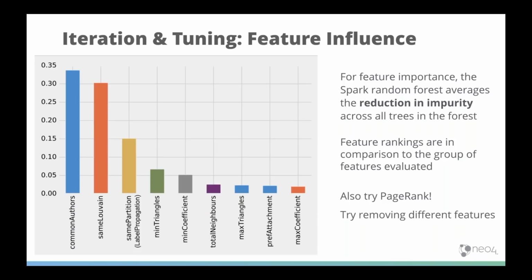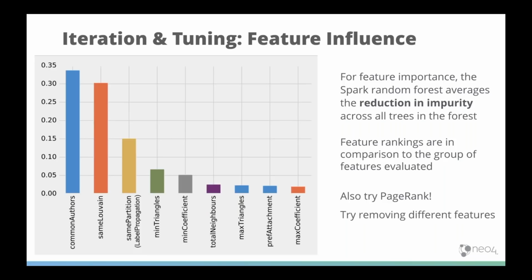Being in the same partition of that finer grain community for Louvain is next up. Another community detection, same partition, which is using label propagation, is also very predictive, and you can see some of the other metrics as well.